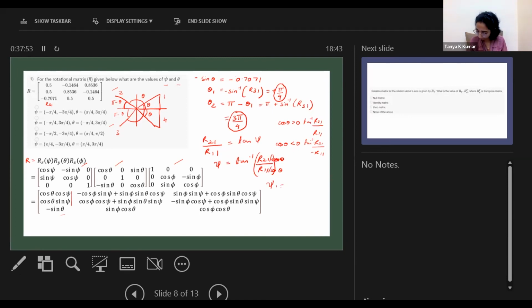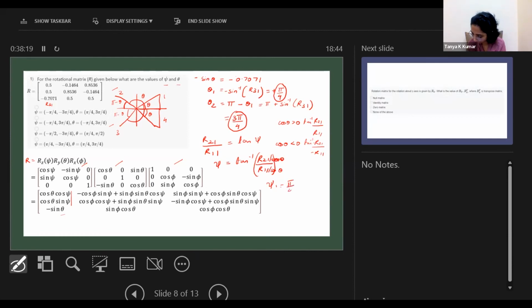Divided by cos theta 1, so it's cos 45. And tan inverse. So your one value of xi is 45 degrees, that is pi by 4.